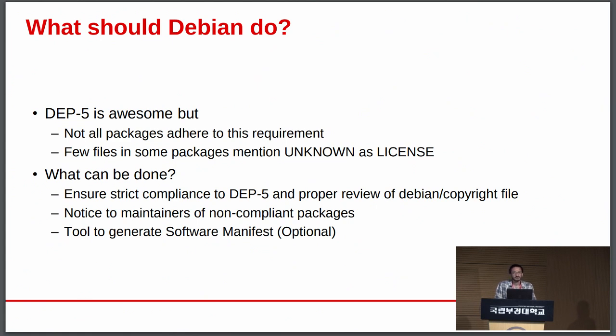There are some open source scripts which help you generate a software manifest file, but they can't really go through the packages which are not following the Deb5 approach. So I am personally planning on trying to implement a script or tool to generate the software manifest file in Debian, so that we can go into production with ease.